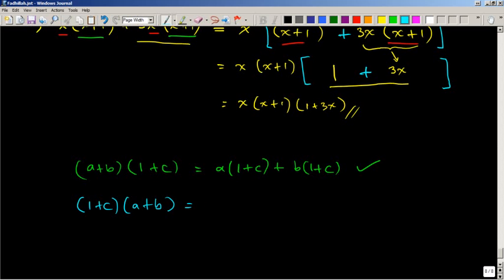The final answer or what? I want your answer. Try to expand that. Do the same method that you did on this one. Okay. Apa jawapan dia?